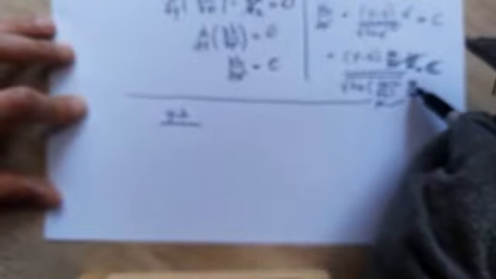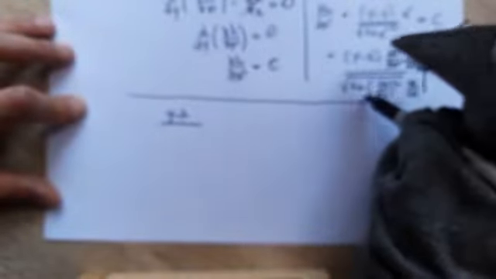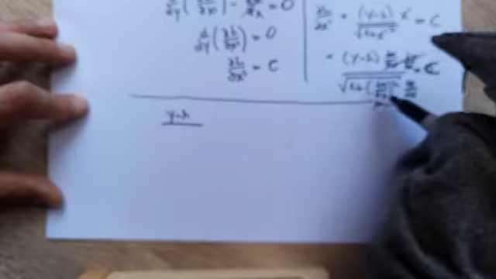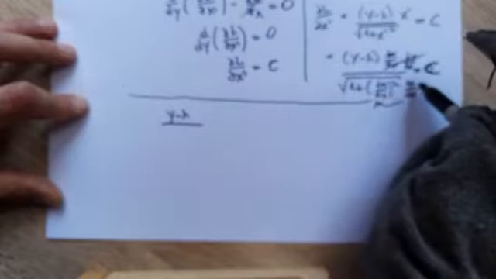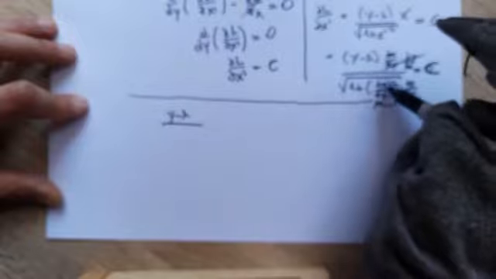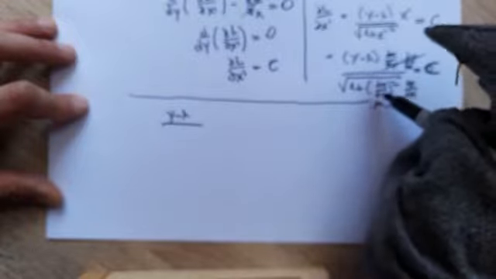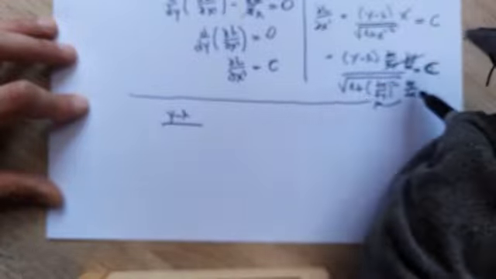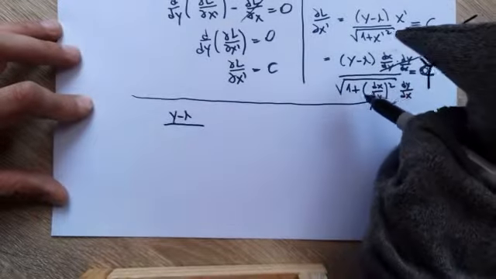So finally we get y minus lambda over the square root of 1 plus y prime square, since when this term enters the square root, it enters as the square, so it will cancel to 1, and then we will get y prime square.